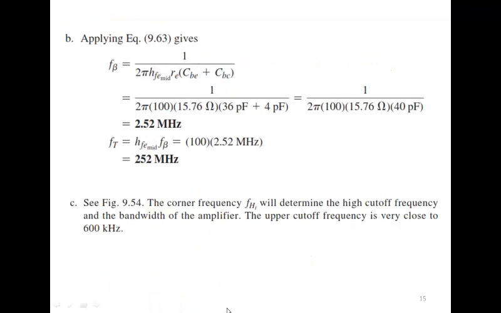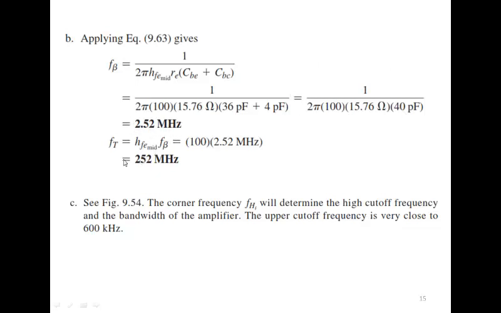Lastly, for F beta, you have these quantities: beta mid, which is 100, Ra, which you have already computed in example 9.12, which is 15.76 ohm, and these two capacitances are given. By plugging these values and computing this equation, you will get F beta equal to 2.52 megahertz.